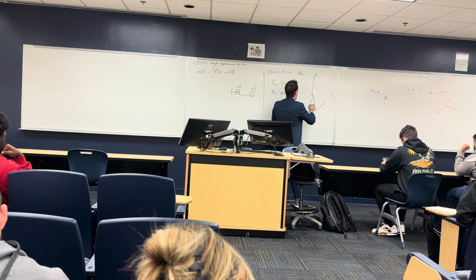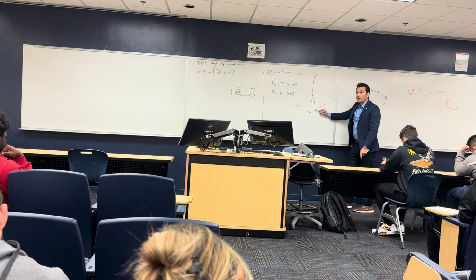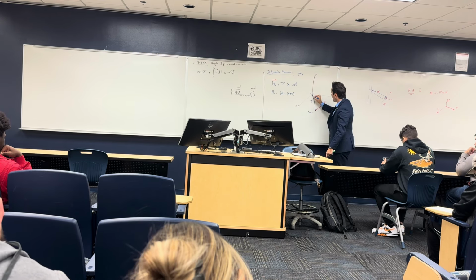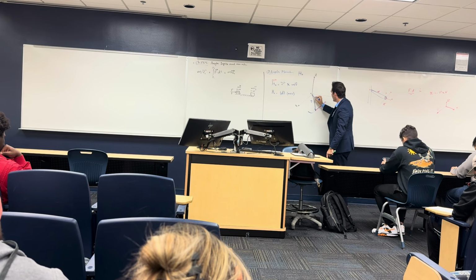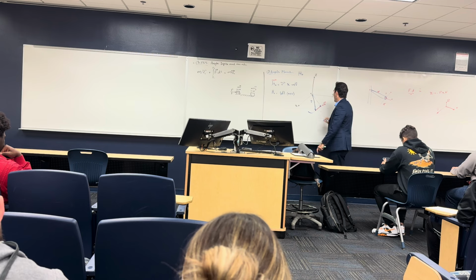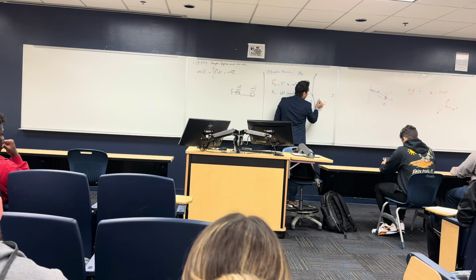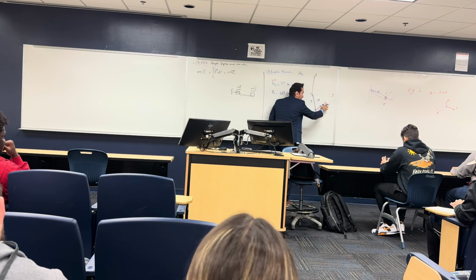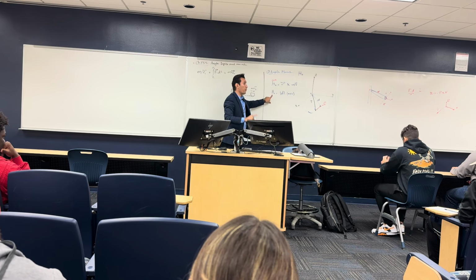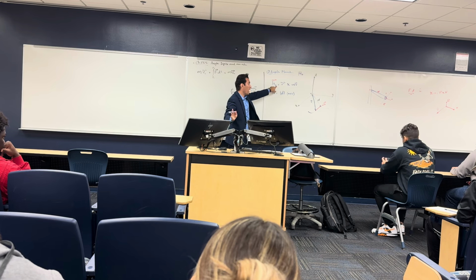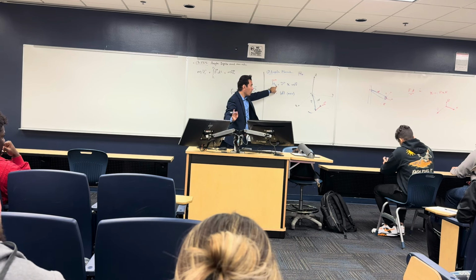For example, here, R is not perpendicular to MV. So I need to find the perpendicular distance between the line of MV and the point O, and this is what we call D. Once you find this perpendicular distance and multiply by MV, you get the magnitude of HO, but you don't get the direction. For the direction you need to do a cross product.